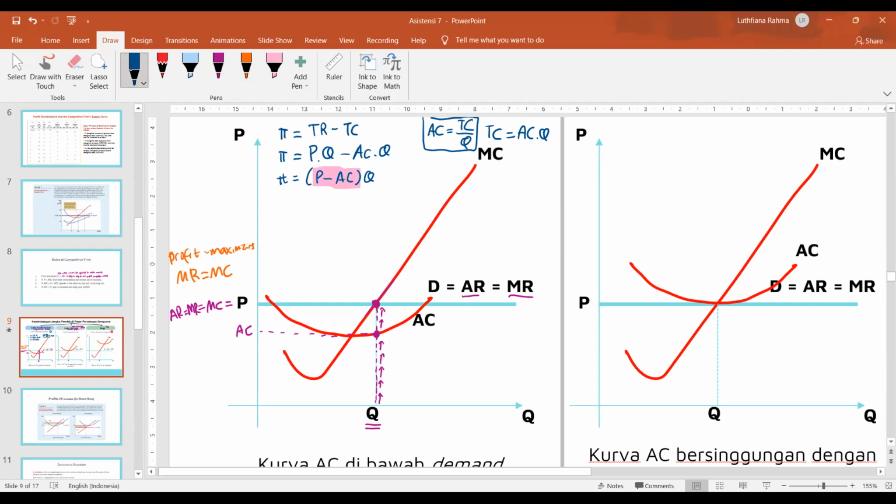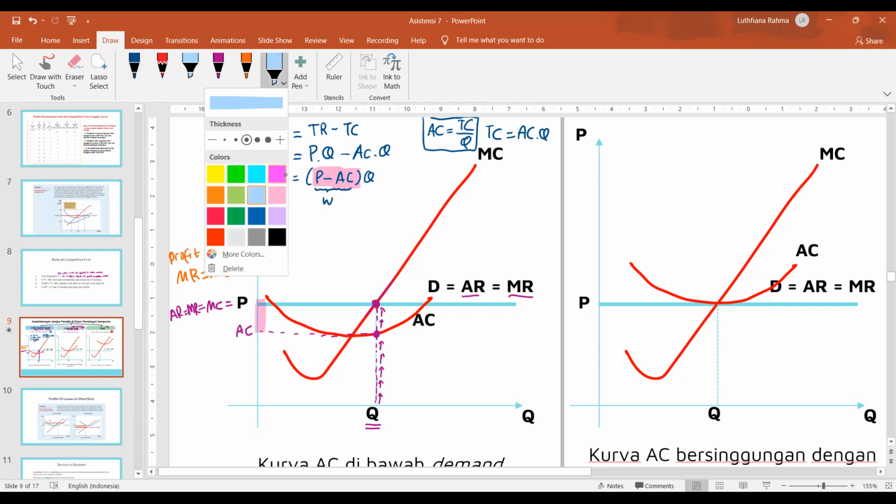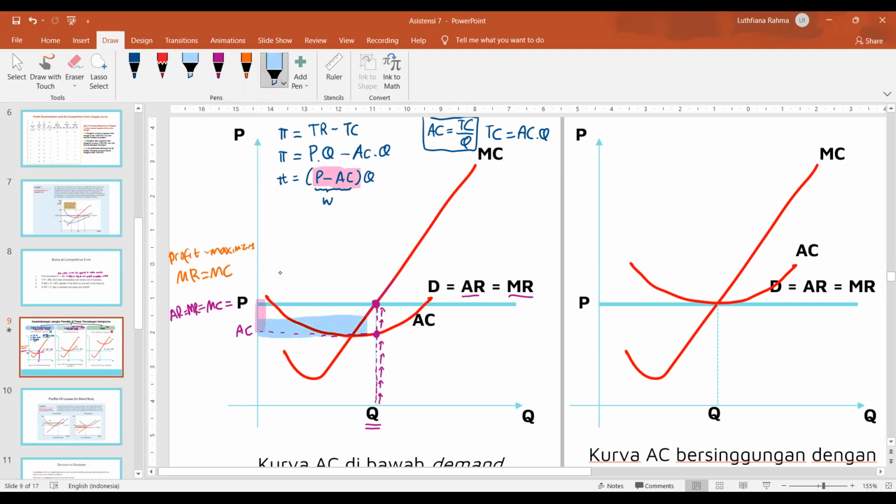So in the curve, we can see that the distance is here, right? So if it is a rectangle, then the gap between P and AC is the width of the rectangle. Meanwhile, you will see Q as the length of the rectangle. Here is your Q, right?